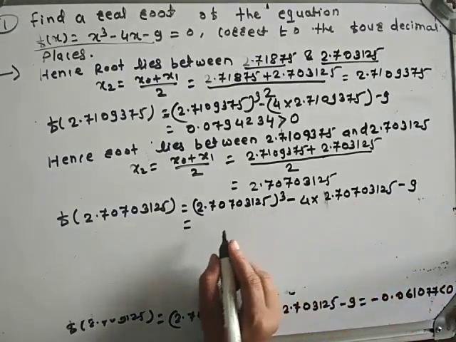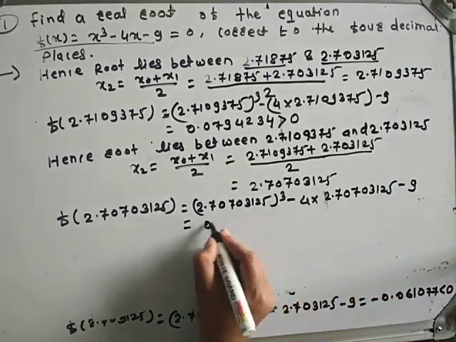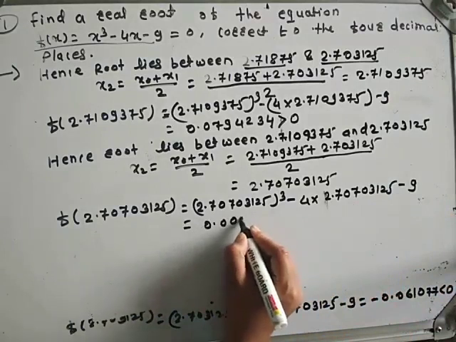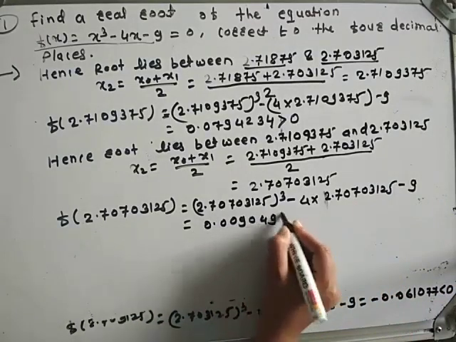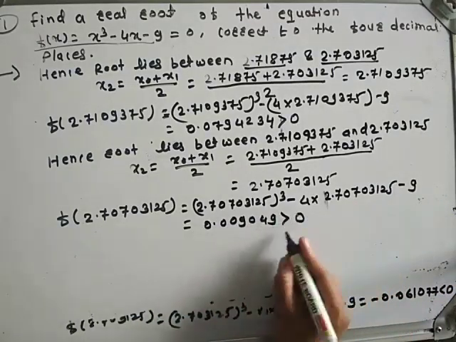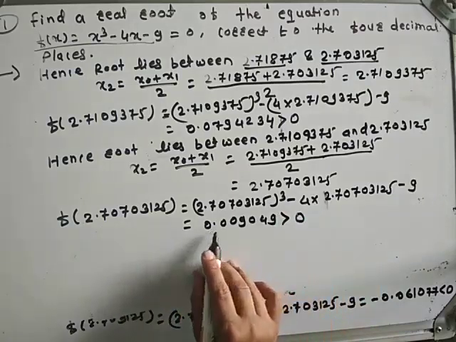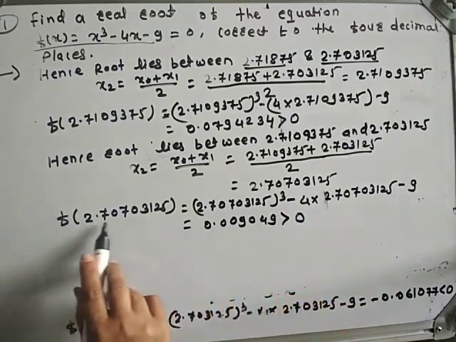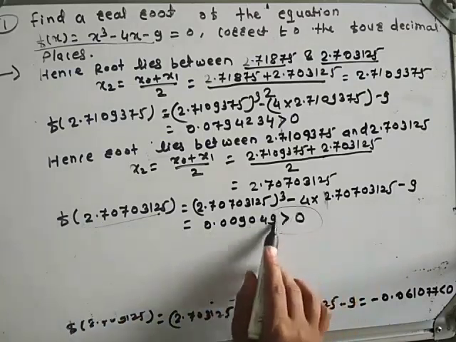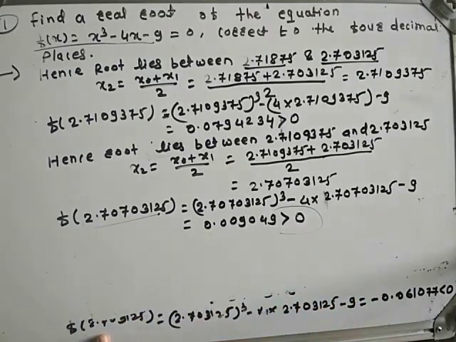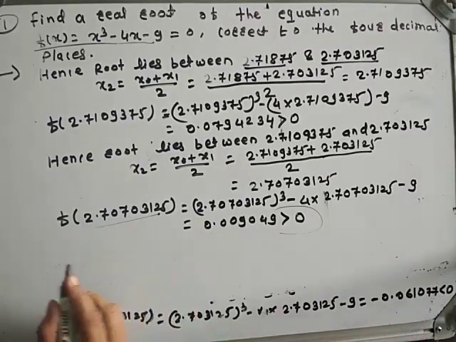After calculating this value, we get 0.009049, which is greater than 0. See here, the value of the function at this point is positive, and the value of the function at 2.703125 is negative. Therefore, the root lies between.